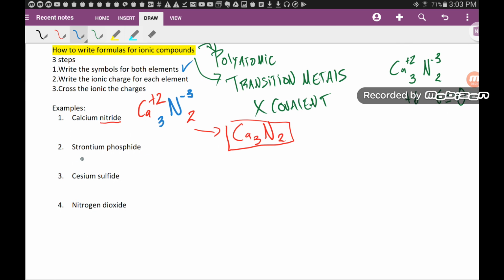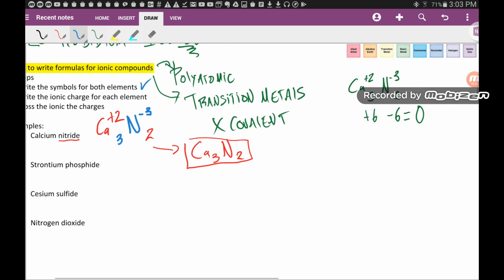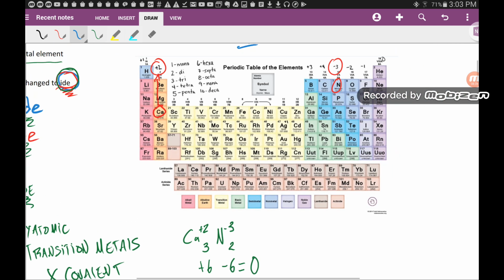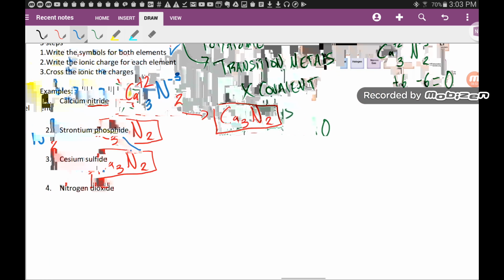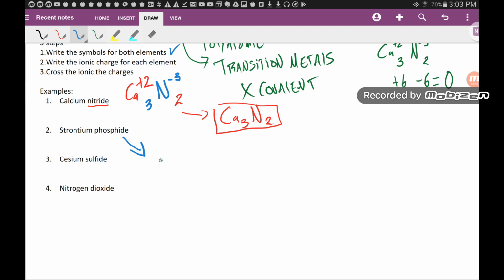We have strontium phosphide. So strontium is a metal, is on this side of the periodic table, and it has a charge of +2. And then phosphide is a non-metal, it has a charge of -3. So we do the same thing. We write our symbols first, Sr with the charge of +2, and then we have phosphide with the charge of -3.